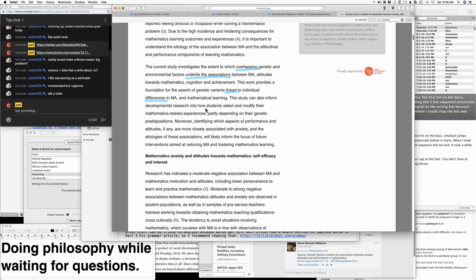The study can inform developmental research. Genetic predisposition. You know sort of what they're going for here. They're trying to say genes have a big role in our life, and if we measure the genes of kids, then we can tell them what type of classes they should take in school and stuff, and they'll be more successful.